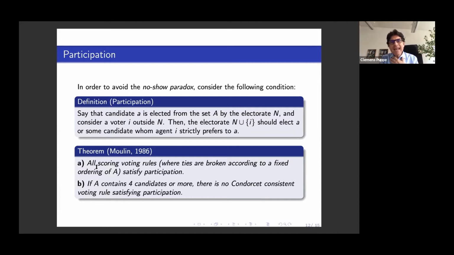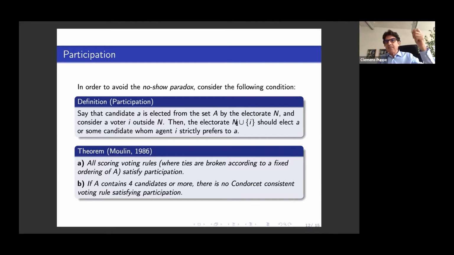Now, part A is really mathematically trivial, right? If you use a scoring rule and then voter I asks himself or herself, should I participate in the election where A is chosen?